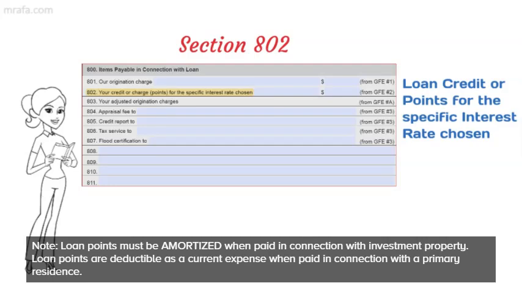If you calculate that $30 a month for a 30-year loan, you are actually saving at least $10,000 over time. So that $2,000 in return for that lower interest rate is really very helpful.